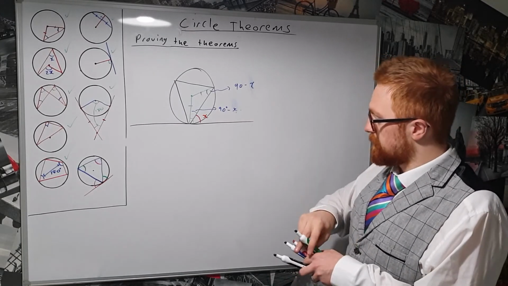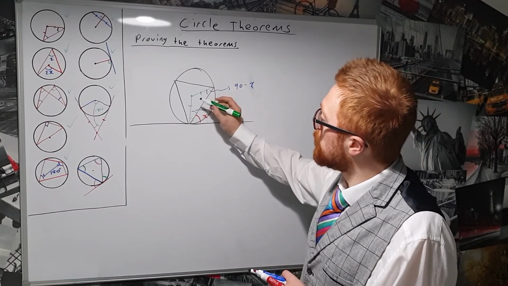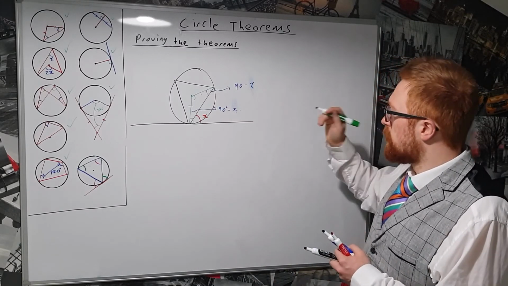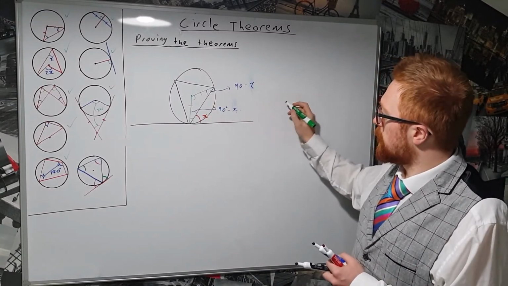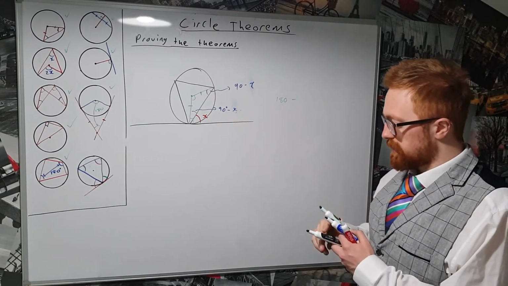And we're nearly there now. So we've got this triangle and we've got two of the angles in the triangle, which means we can work out this third angle. So let's work out that green angle. To work out the green angle, we do 180 and subtract the two other angles in the triangle.